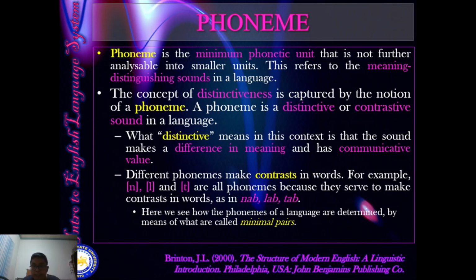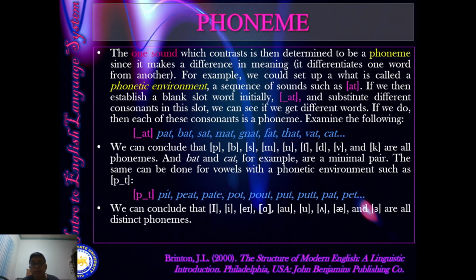Now, on the nab, lab, and tab, here we see how the phonemes of a language are determined by means of what we call minimal pairs. Now, the one sound which contrasts is then determined to be a phoneme since it makes a difference in meaning. Example class here. So the phonetic environment that I am referring to now is a sequence of sounds such as at.